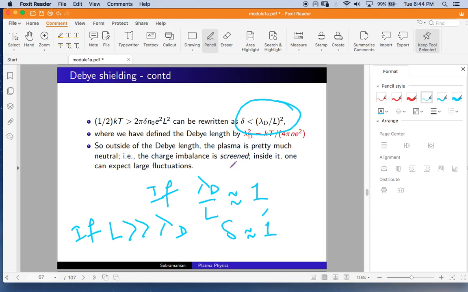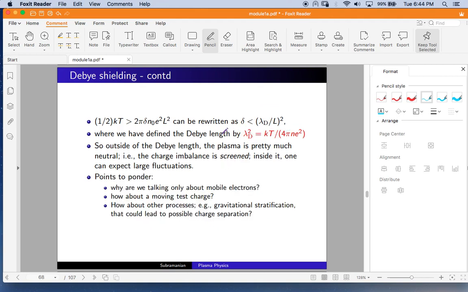In other words, the charge imbalance is screened. However, if you're inside of one Debye length, you can expect large fluctuations in charge density. The quasi-neutrality will not be preserved. That's what this is telling you. So this is another way of looking at the Debye length thing.